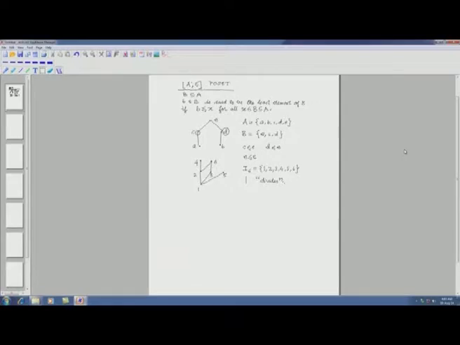Now, here if we consider the set B as 2, 4, 6, then we note that the element 2 belonging to B is the least element of B.